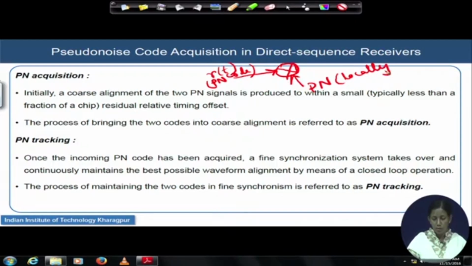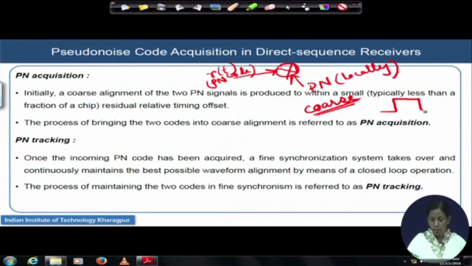In the process of this alignment, it is not possible that in the first round you can synchronize both of them perfectly or with very minimal error. So, we do it in two steps. The first step is called coarse synchronization, which means you are trying to align both of these PN codes within a small fraction of a chip duration.